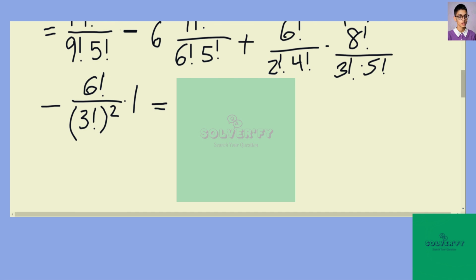So this is equal to 14 factorial over 9 factorial times 5 factorial.